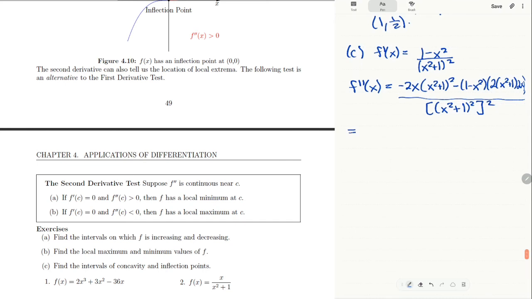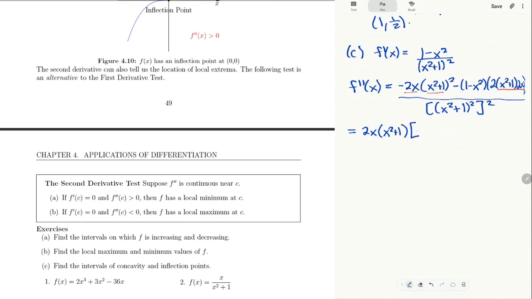Now let's simplify. Let's take out a common factor in the numerator. We see a common factor of 2x and x squared plus 1. So let's factor that from both terms. That is 2x, x squared plus 1.